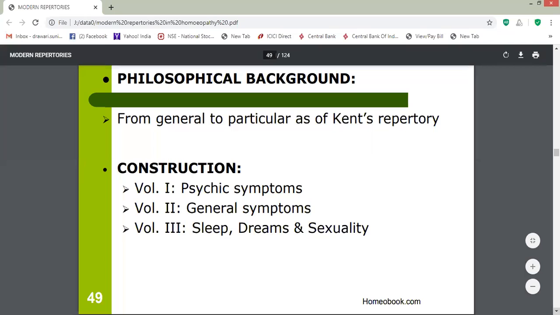So there are star-like markings over the title of a symptom, which refer to one of the 138 new collected rubrics of the index of volume first and second.